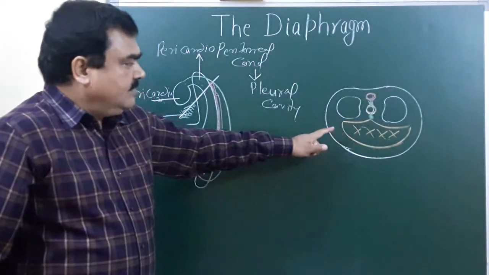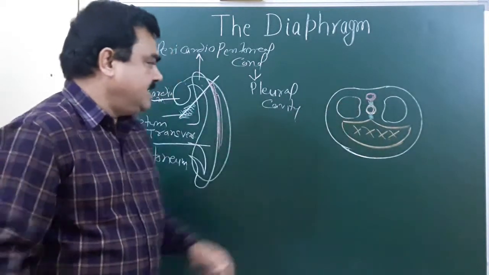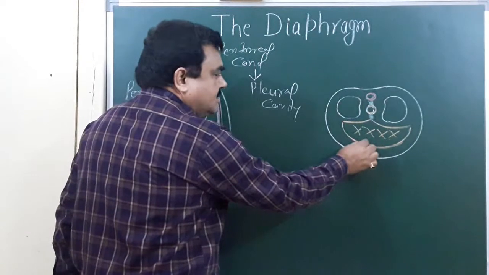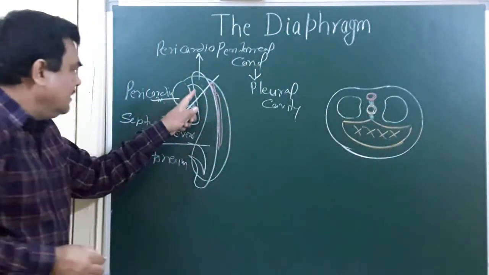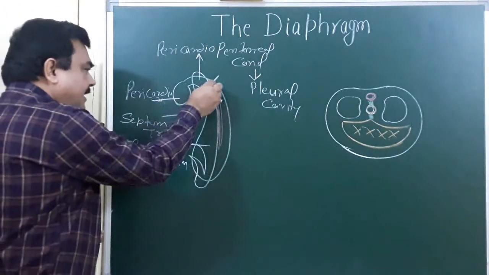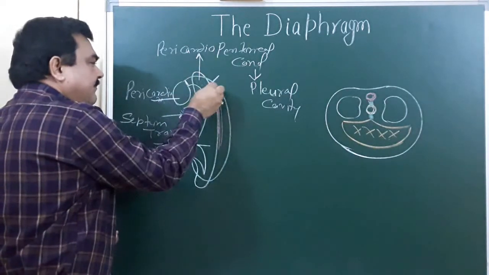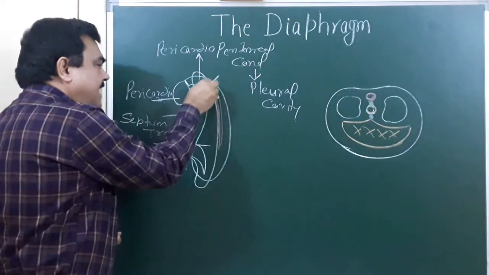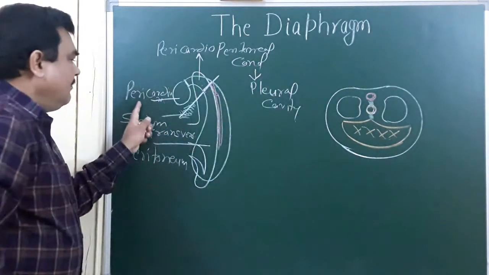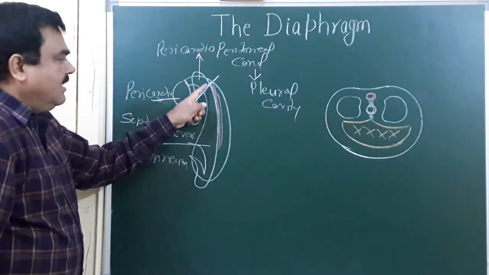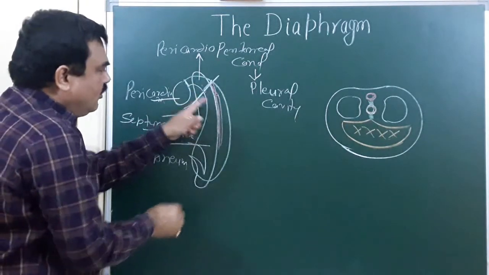Now you can see the developing diaphragm develops from these sources. This is septum transversum. Here are two openings, you can see. At the side of the opening a membrane is formed. This membrane is the pericardio-pleural membrane, and this membrane which lies here is the pleuroperitoneal membrane.